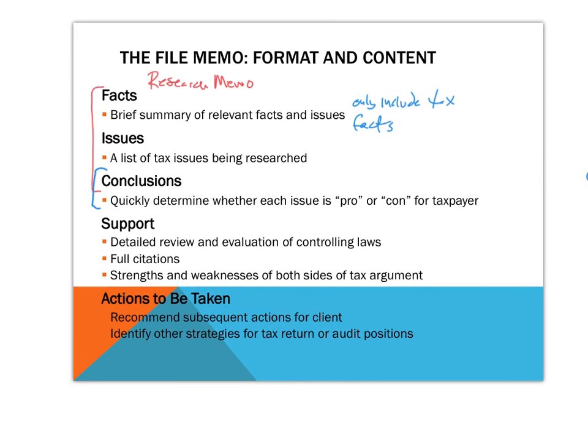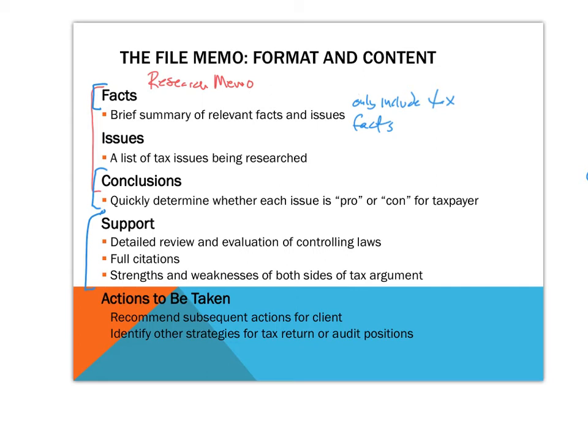All right. Now, what do we see? So we've got this facts section that's designed to be fairly brief, right? Then you've got issues, where each issue is a single sentence. Your conclusion, each conclusion is also a single sentence, all right? Then you have your support section. This support section is going to take up the majority of the space in your research memo, okay? The support section is far and away the largest section of this memo.